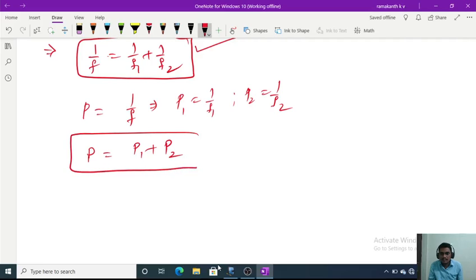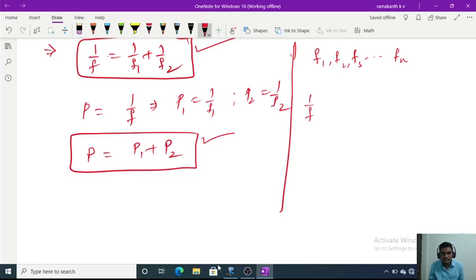This is the combined refracting power, the net refracting power of the combination. Now, if you have a number of lenses with focal lengths f1, f2, f3 and so on up to fn, then we have the expression for the combined focal length as 1 by f equals 1 by f1 plus 1 by f2 plus 1 by f3 and so on plus 1 by fn.